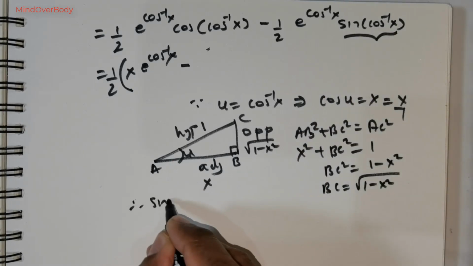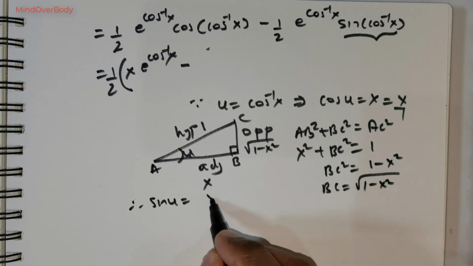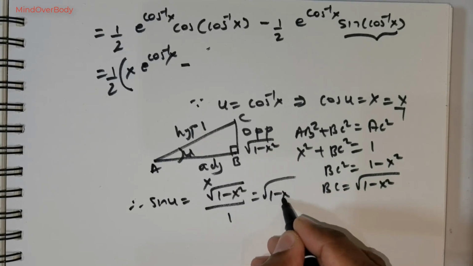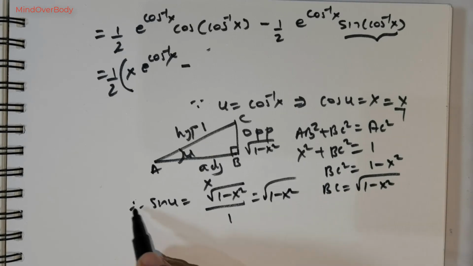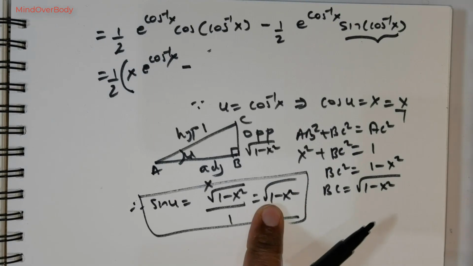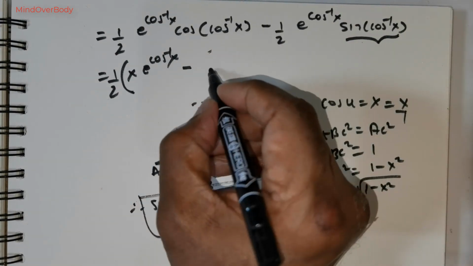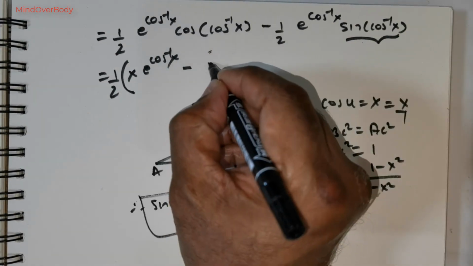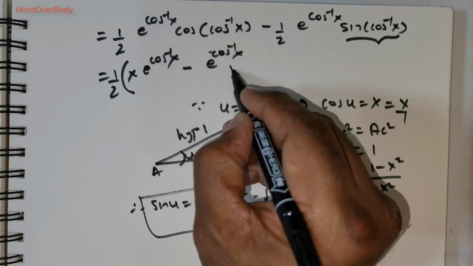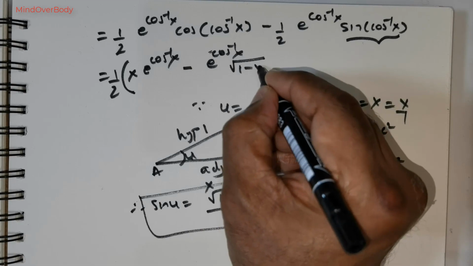And what can I write for sine u? Sine u is nothing but opposite side over hypotenuse 1, which is nothing but root of 1 minus x squared, right? So wherever you see sine of cos inverse of x, you can substitute root of 1 minus x squared. So this is going to be 1 over 2, which I have already taken out, so this is e raised to the power of cos inverse of x times root of 1 minus x squared.